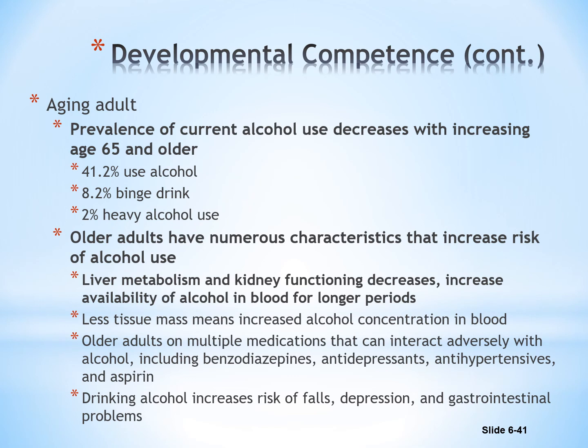In our patients that are older, we see alcohol use as well. So 41.2% use alcohol. This is over 65 now. Okay, 8.2% binge drink, and you can see the statistics on the screen itself. What increases the risk for the older patient would be liver metabolism.